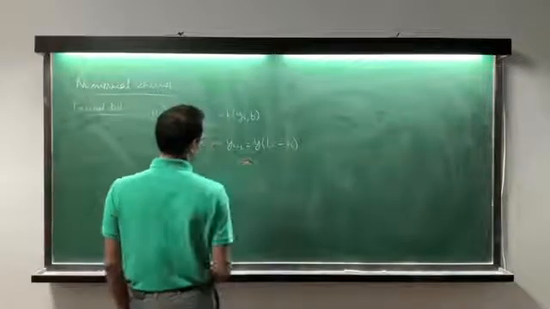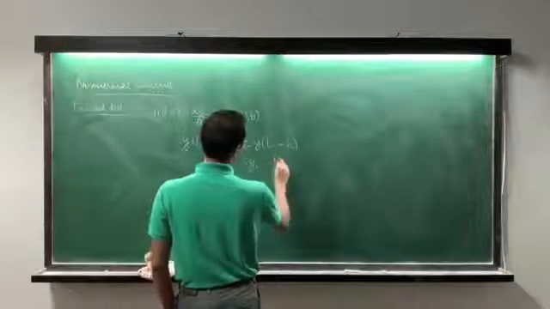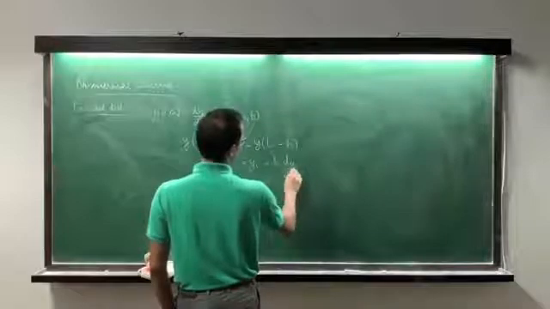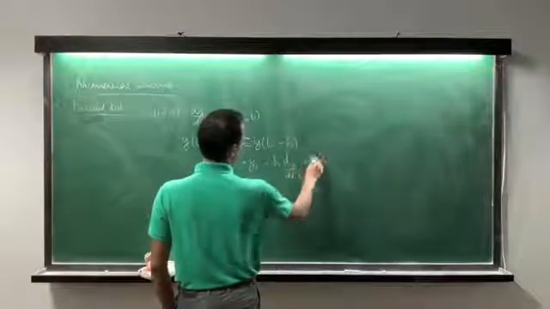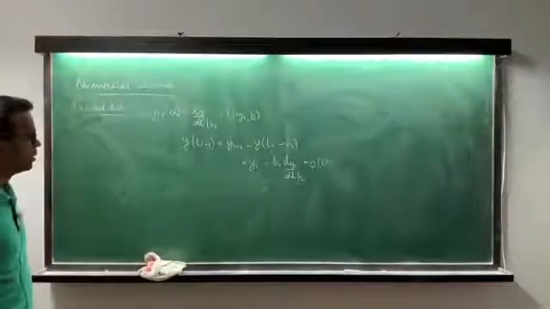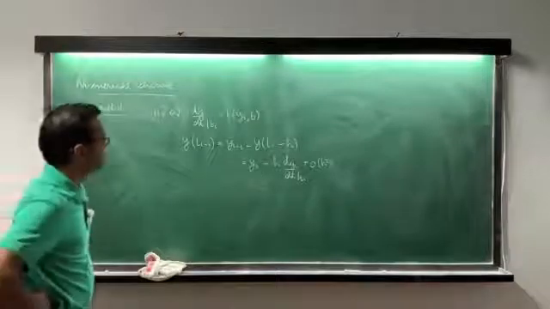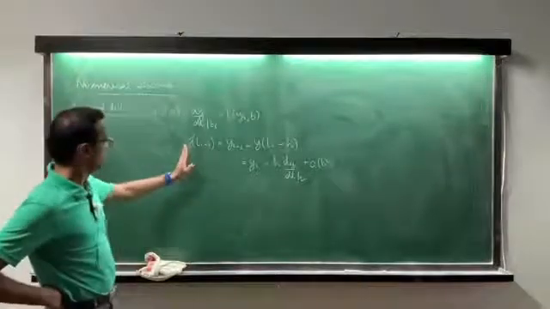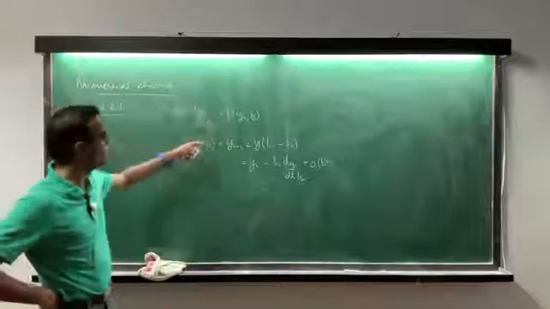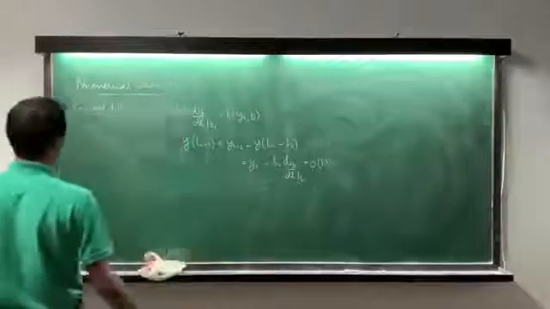So this becomes again a Taylor series: y of ti minus h equals yi minus h dy by dt at ti plus order of h square. Just a simple change. Instead of writing y of ti plus 1 in terms of a Taylor series in yi, I am writing y of ti minus 1 in terms of a Taylor series in yi. You will see what a big change this makes.